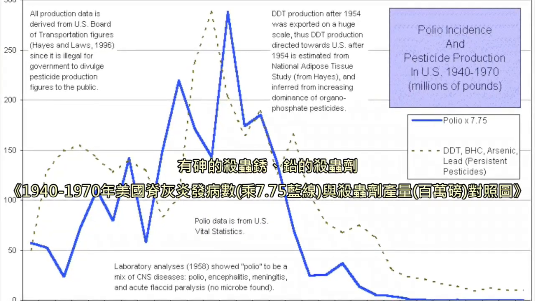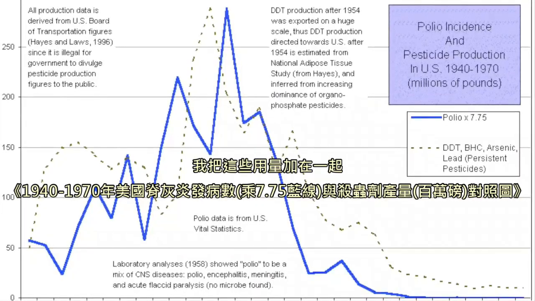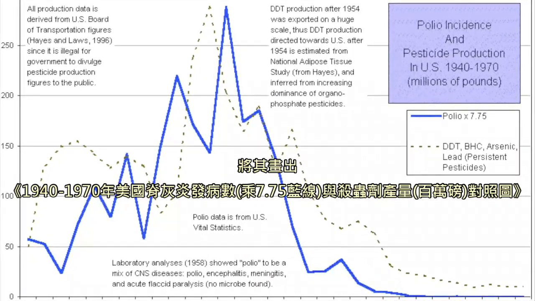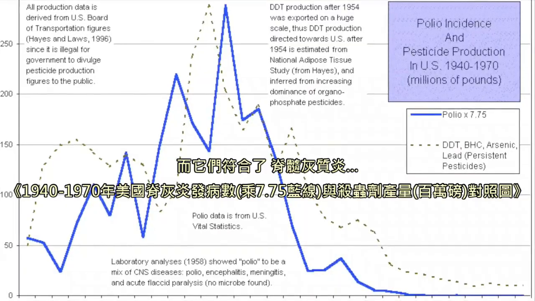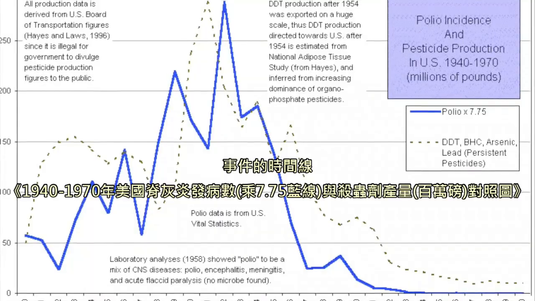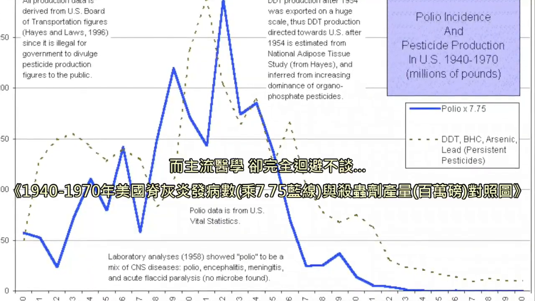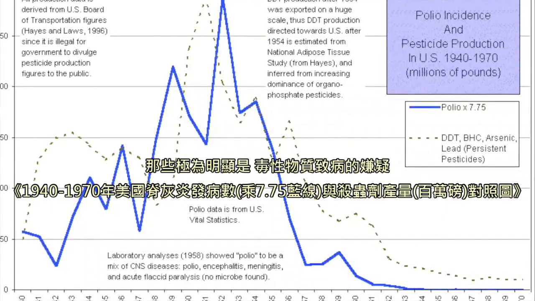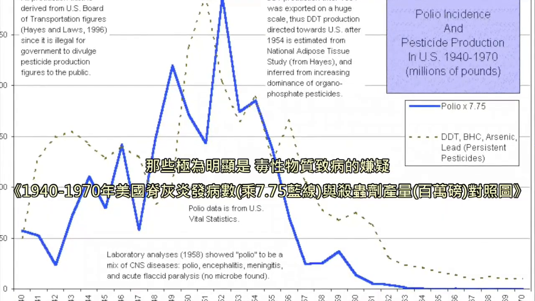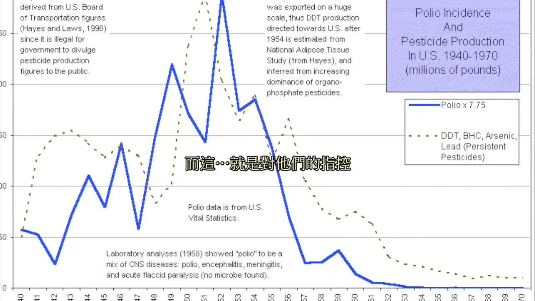There's arsenic pesticides, lead pesticides, and then there's the chlorine pesticides. And I have all these together, and they map out and they match up with polio incidents. The mainstream medicine avoided some extremely obvious toxicological suspects, and that indicts them.